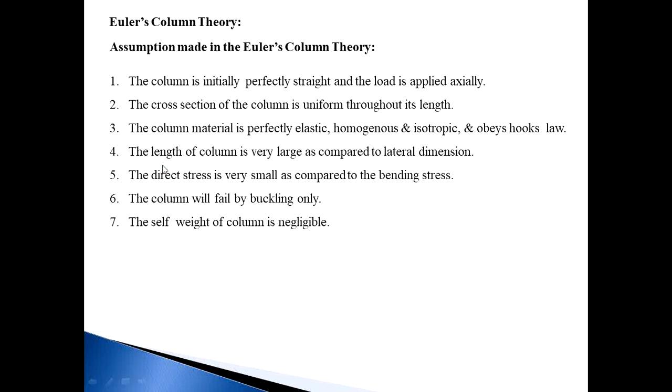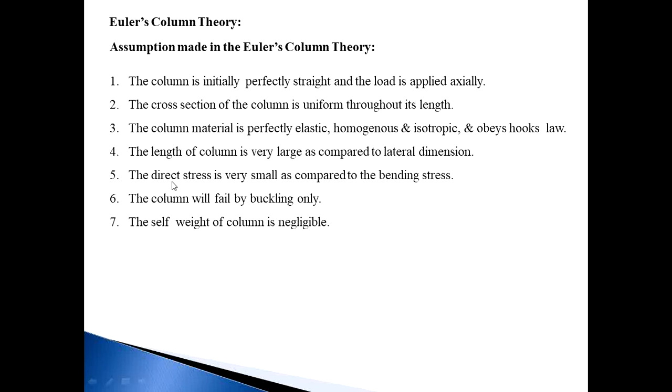Fourth, the length of the column is very large as compared to the lateral dimension. Already we discussed that this theory is applicable only for long columns. The load calculated by this theory is right when the length as compared to lateral dimension is more.